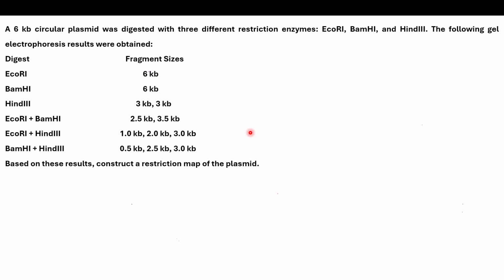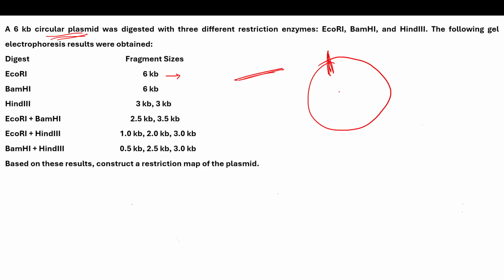So first, what we have is a circular plasmid. EcoRI is producing a fragment of only 6 kb. That means it has only a single restriction site in this plasmid, because if it is a circular plasmid and there is a single cut, it will produce a single linear strand.